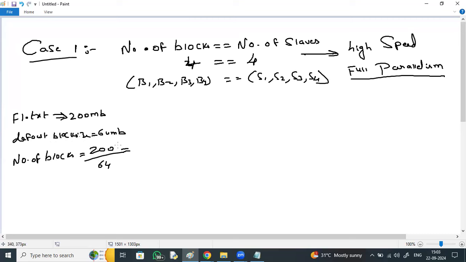The file is divided into fixed size blocks, each block of size 64. Let me say it is 240. 240 by 64 gives 4 blocks. How are these 4 blocks going to be stored across this cluster?